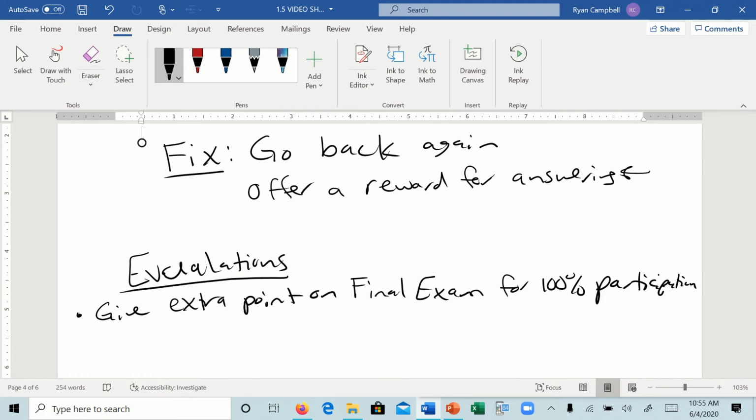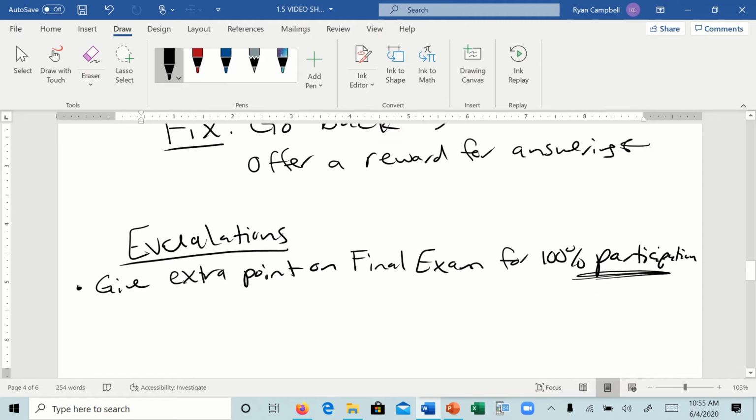So where this might be great, because you might get 100% participation, if you're offering a reward for an evaluation for a class, you might get a lot more positive responses than you should be getting, right? You could simply be someone who super doesn't care, but you definitely want your extra point, so you want to make sure that you participate somehow.